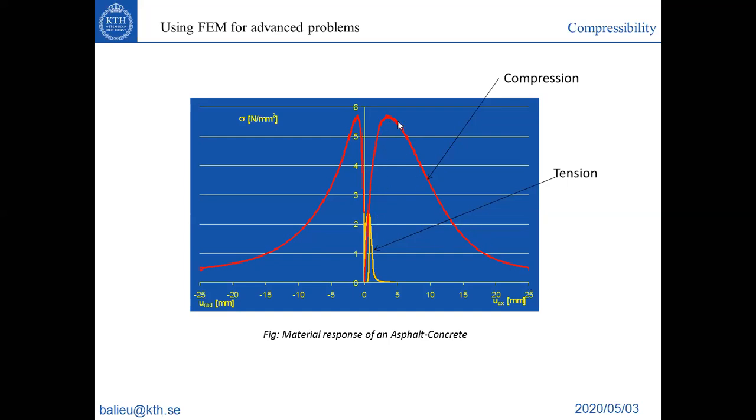It will be totally fine in compression. But what happens if you try to model tension? If you have only one parameter, you can only use the von Mises yield surface, so in tension you will have the same curve. So you will overestimate the material behavior a lot.